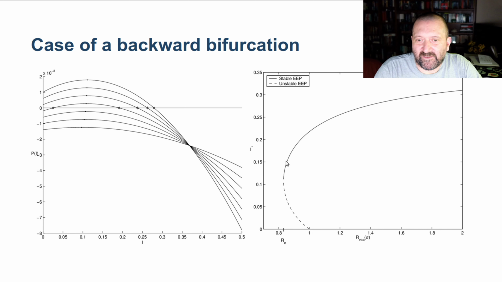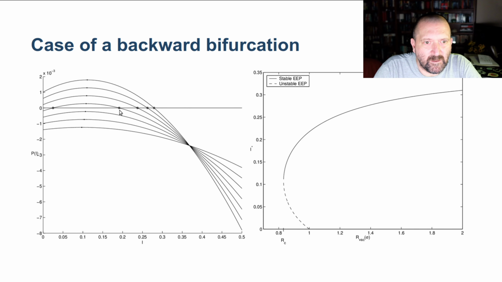Which takes this form. So what happens is that for values of RVac less than 1, and that's what we observe, we get this situation. This is where that curve becomes tangent here. And then we have two equilibria for a while, which is what we observe here for a given value of RVac.